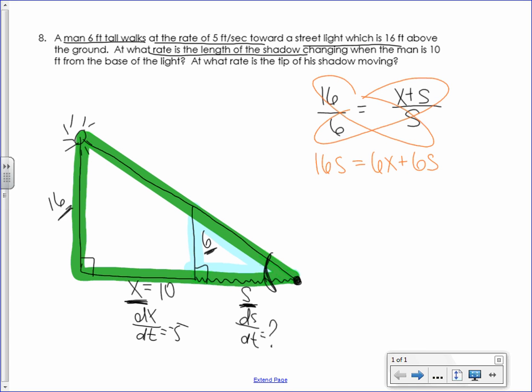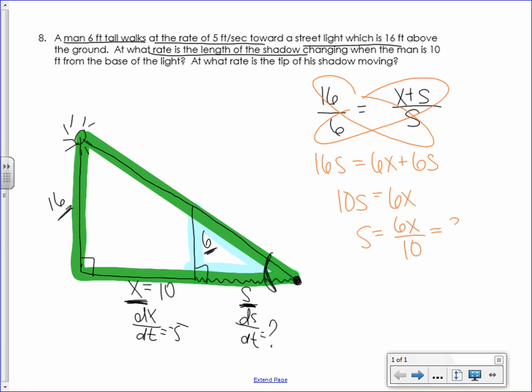We should be kind of happy right now because now I have an equation that involves S's. So that's good because then when I take the derivative, I'm going to be getting ds dt somewhere. So I'm going to move this 6S over, and I'm going to get that 10S is equal to 6x, or S is equal to 6x over 10, and I'm pretty sure that simplifies.